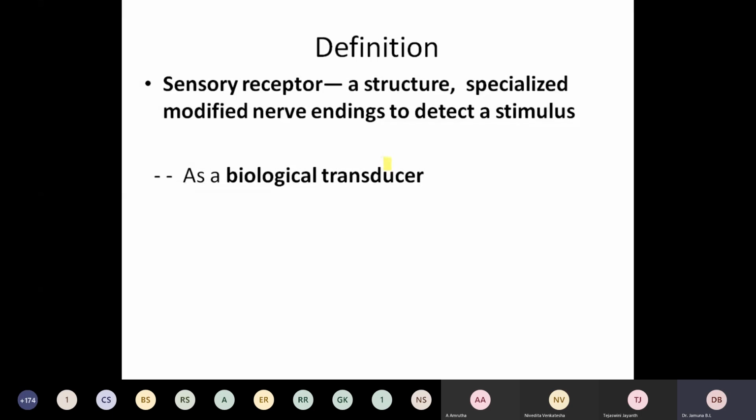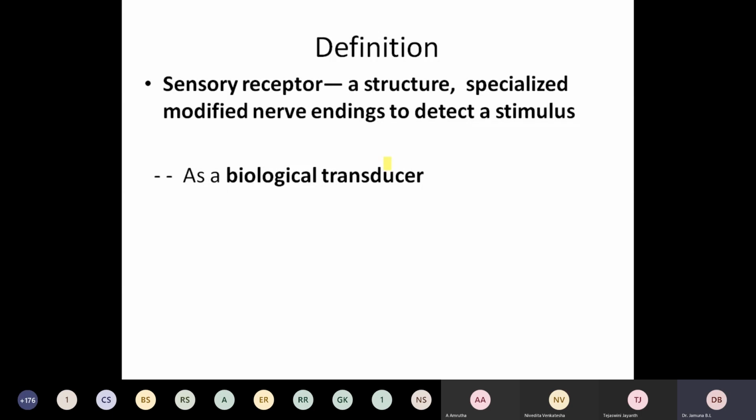Why are they called biological transducers? Because a transducer is an instrument which converts any form of energy into electrical energy. In the nervous system, it mainly understands the nerve impulse. Only in the form of action potential will the nervous system interpret the different meanings. That means the sensory receptors handle any form of energy.